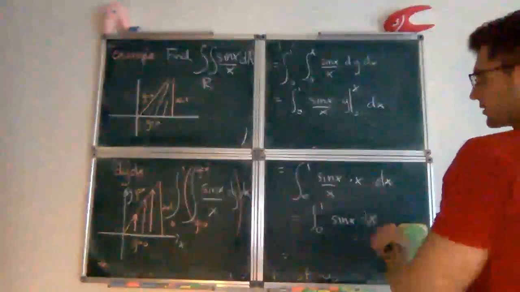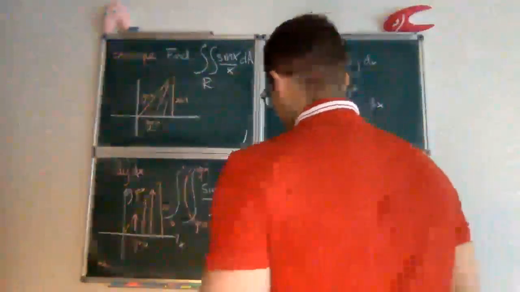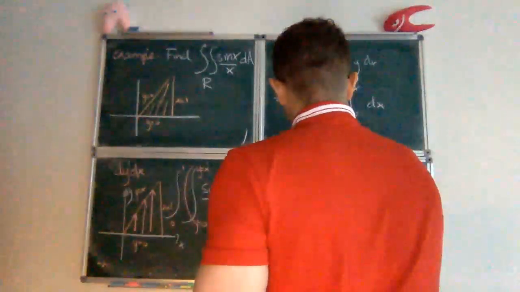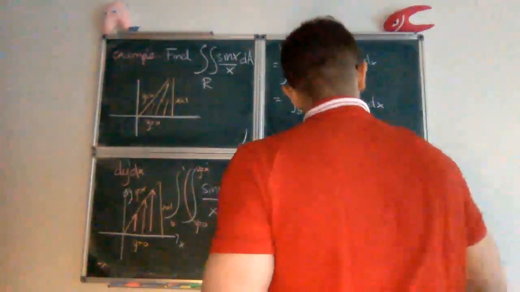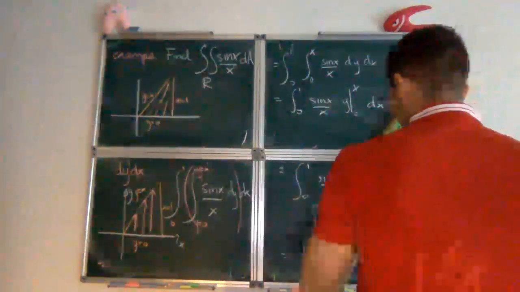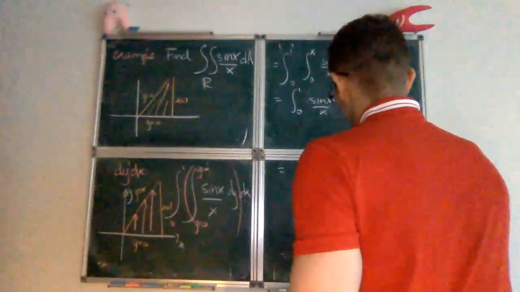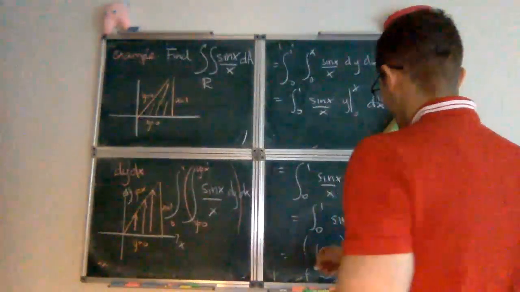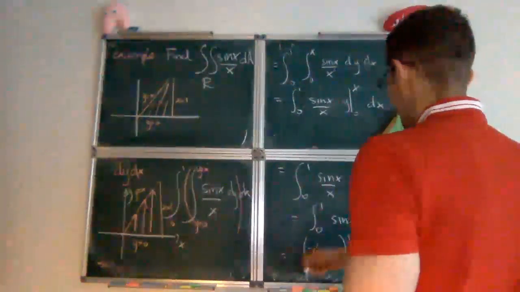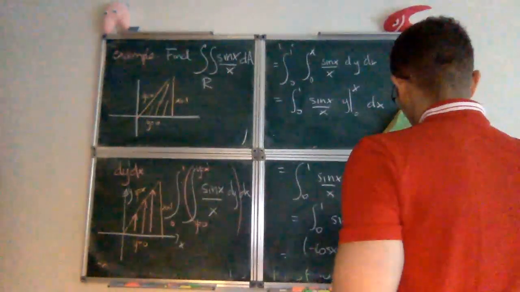And the integral of sine is negative cosine. And then this is negative cosine of 1, and cosine of 0 is 1, and there's a minus here, so this becomes plus 1.